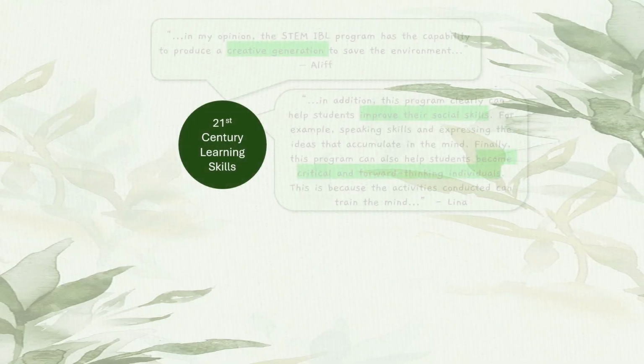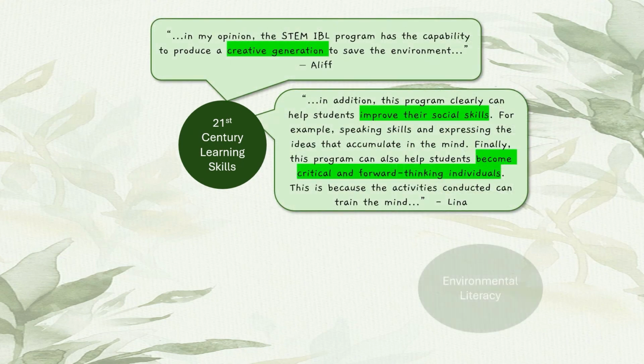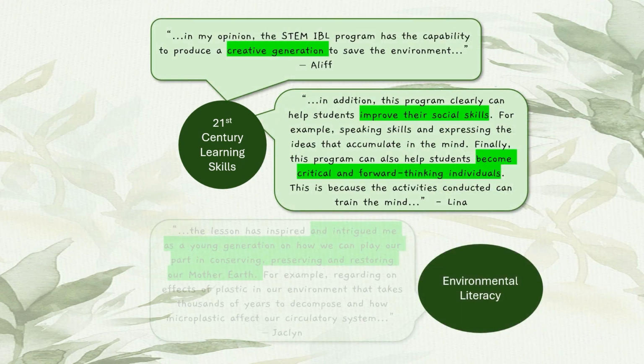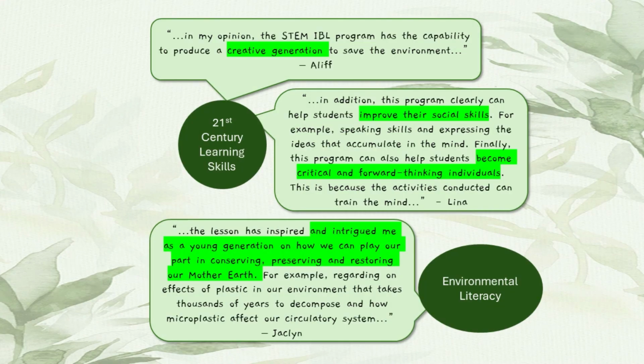On top of that, we also collect feedback from the students. They find that the class sessions where we use that module improve their 21st century learning skills and also their environmental literacy. They find that this allows them to become more aware of the situation currently faced by the world.